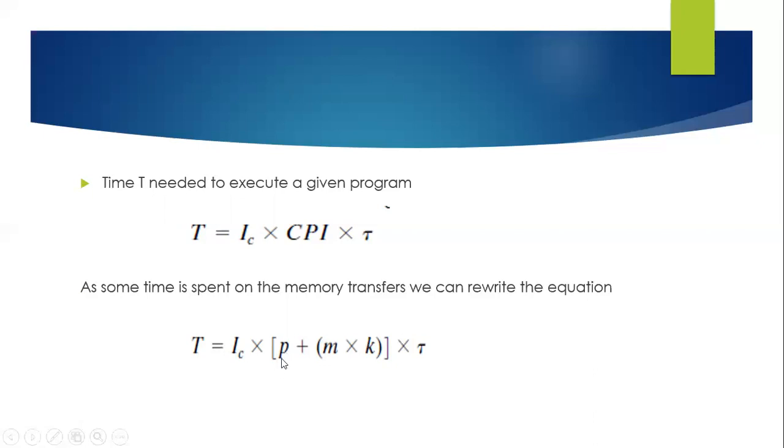So this is the average cycles per instruction plus the clock cycles taken for memory transfers that we have added. Now this is how you can calculate the time needed to execute a given program.